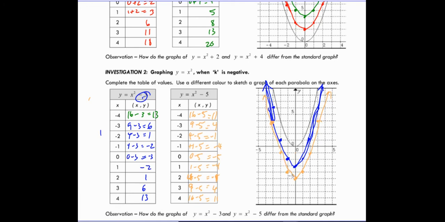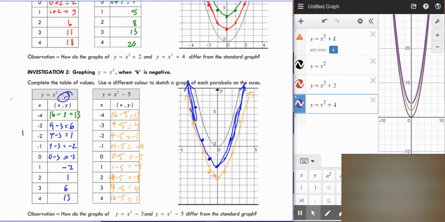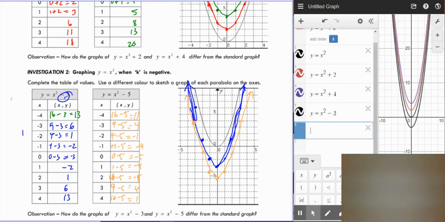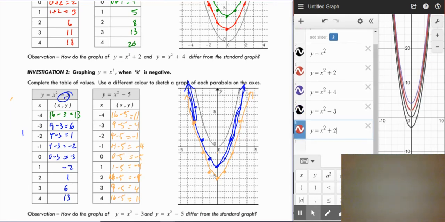All right. So what we should be seeing is that the shape is the same, but it's where it starts. It's been shifted. Okay, so if we go over here, new numbers in, I have still x squared, but I have a minus 3. And here I have a minus 5.